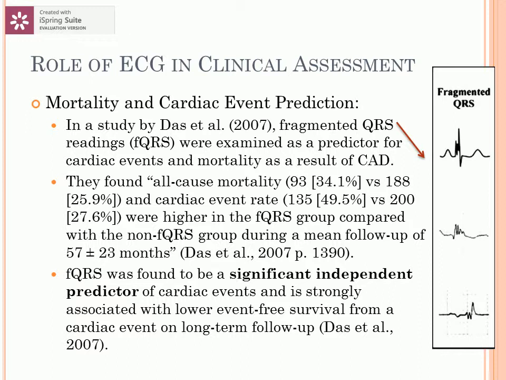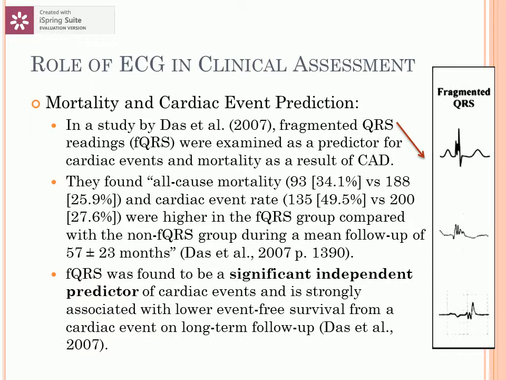So the role of ECG in clinical assessment. It's significant in mortality and cardiac event prediction. In a study by Das et al., fragmented QRS readings were examined as a predictor for cardiac events and mortality as a result of coronary artery disease. They found all-cause mortality and cardiac event rate were higher in the fragmented QRS group compared with the non-fragmented QRS group.